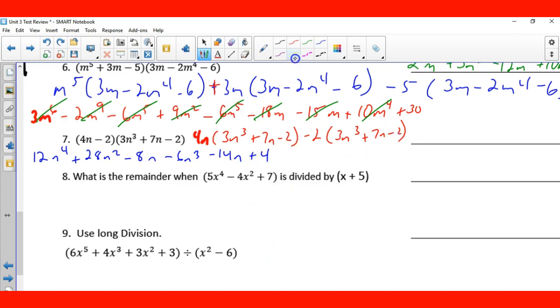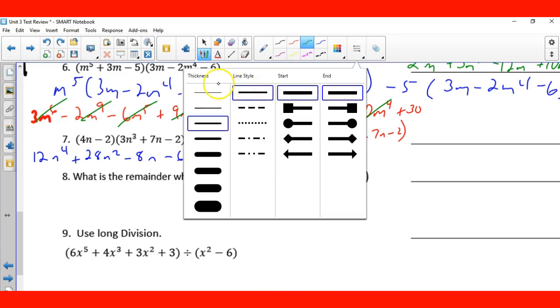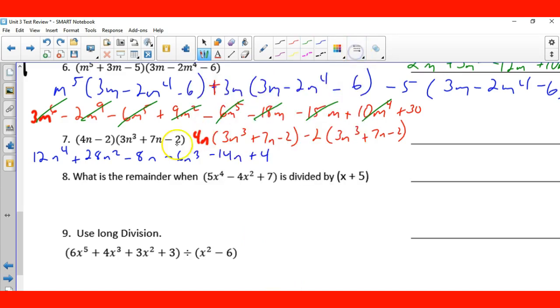So now let's combine like terms. All right, we have the 4th here, 12n to the 4th. Then we have -6n cubed. Then we have 28n squared.